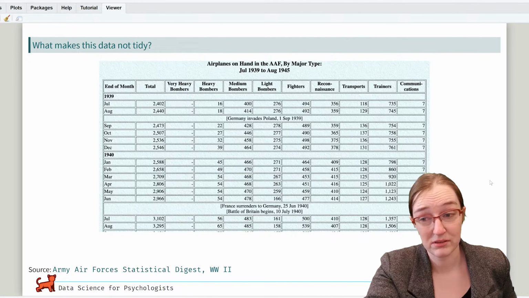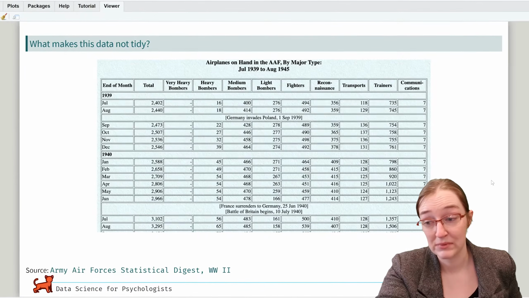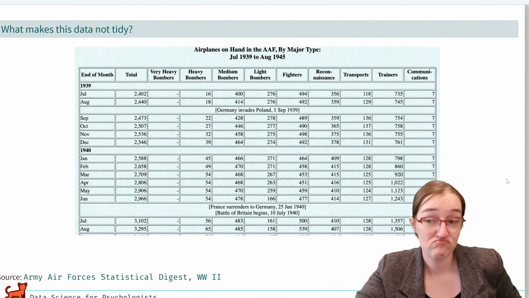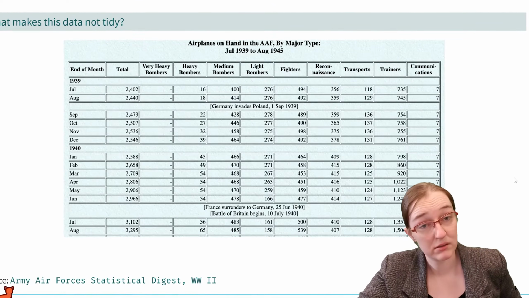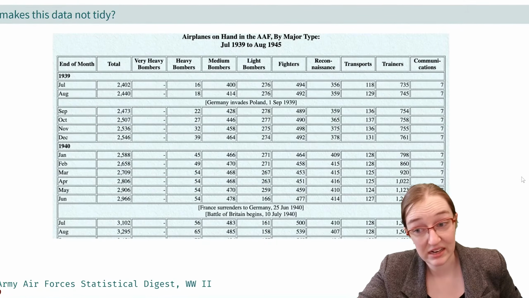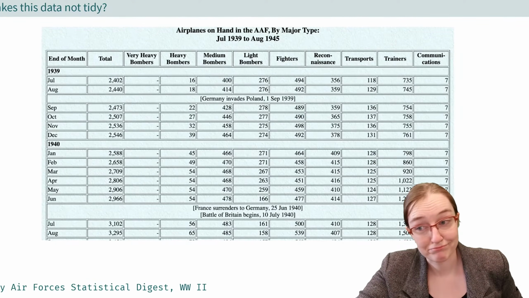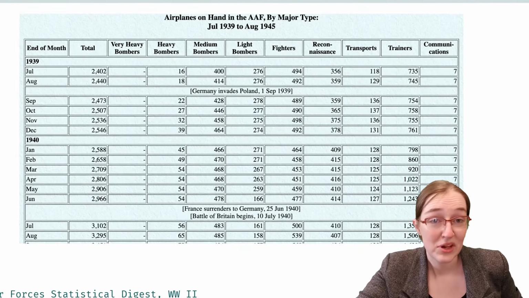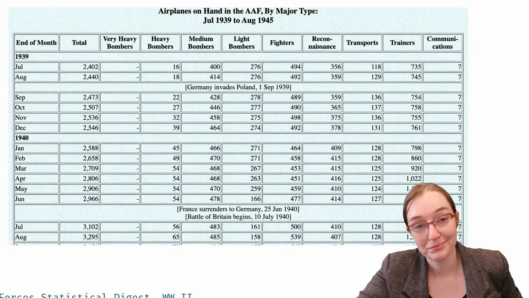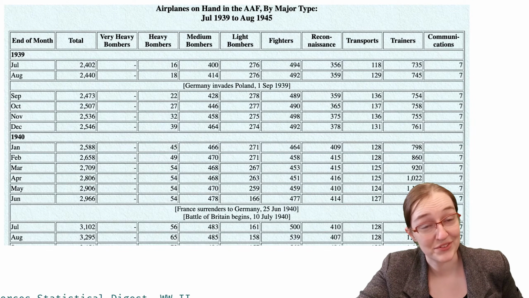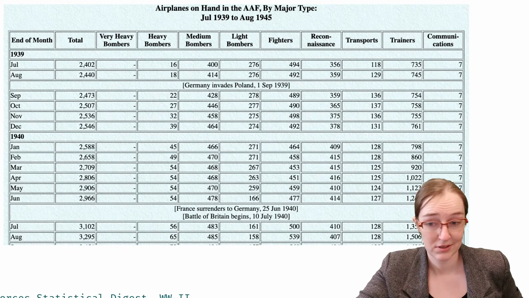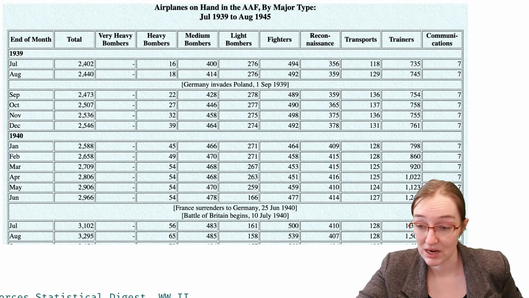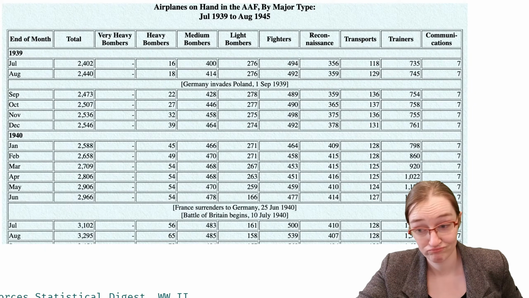So, for example, here is Army Air Force statistics in a nice table. It's data, but it's not tidy. Why is it not tidy? That, dear viewer, is for you to stare at this data and come up with an answer for me.